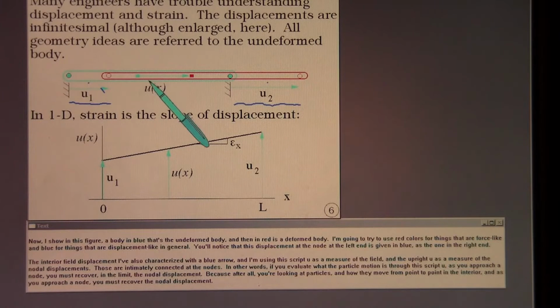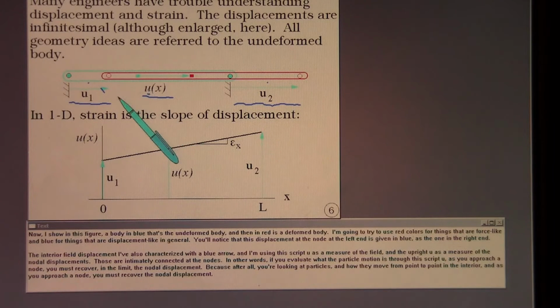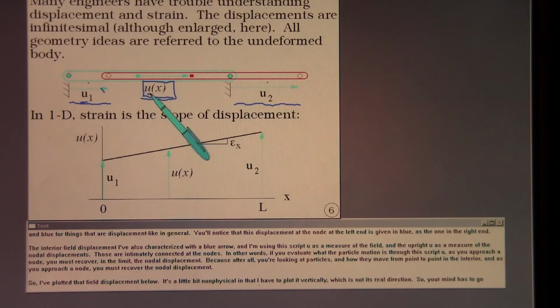The interior field displacement I also have characterized with a blue arrow, and I'm using this script U as a measure of the field and the upright U as a measure of the nodal displacements. Now, those are intimately connected at the nodes. In other words, if you evaluate what the particle motion is through the script U, then as you approach a node, you must recover in the limit the nodal displacement.